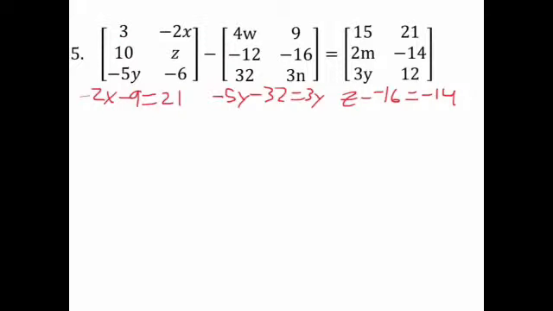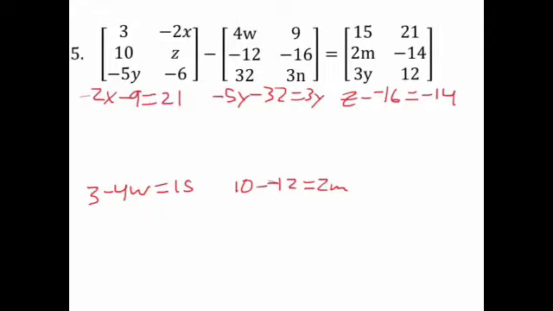So I'm going to put that equation right here. 3 minus 4w equals 15. And what else am I missing? n and m. Let's see. So right here, 10 minus negative 12 is going to equal 2m. So I'm going to put that here. 10 minus negative 12 is going to equal 2m.